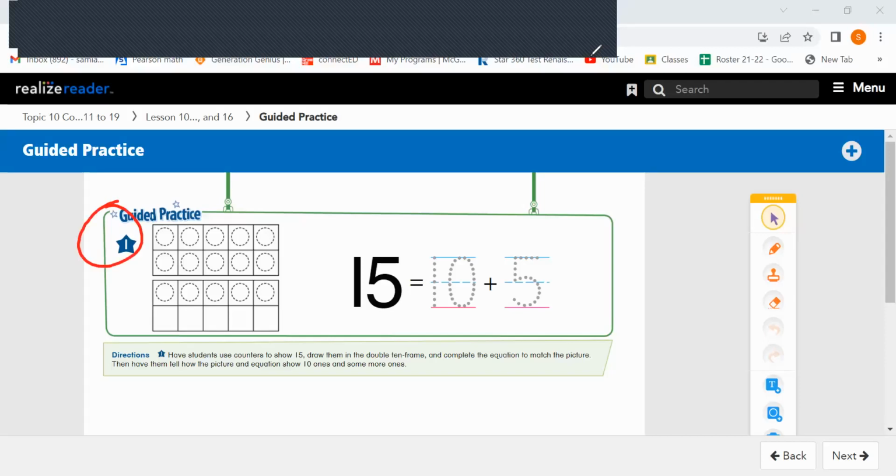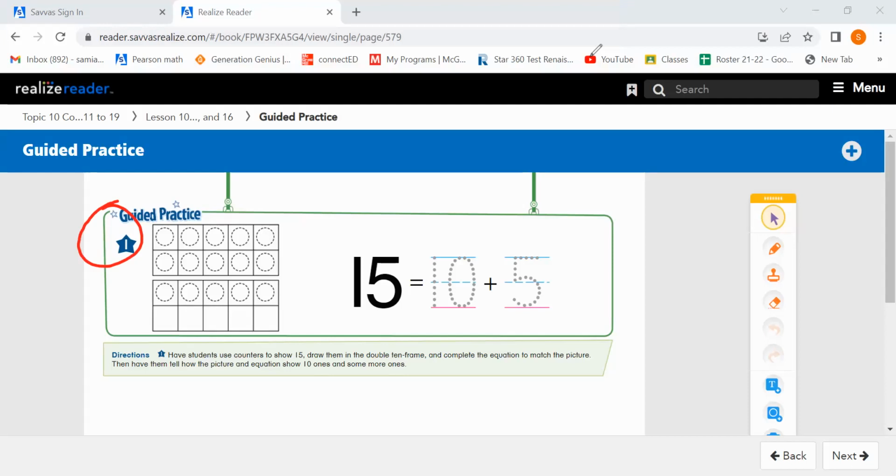Let's look at our guided practice. We're going to use counters to show 15. We're going to draw the counters in the double 10 frame and then complete the equation to match the picture. So we're going to draw in counters to show 15.